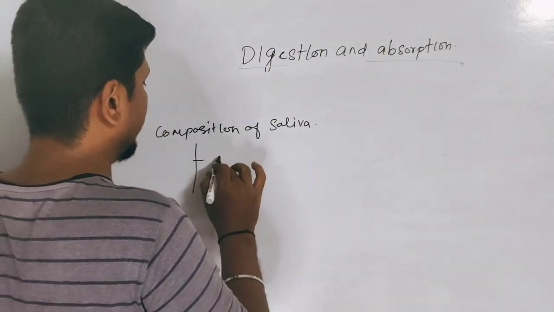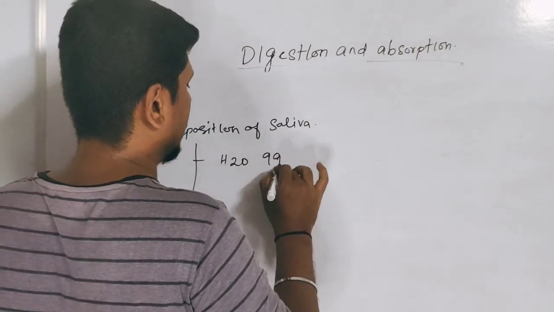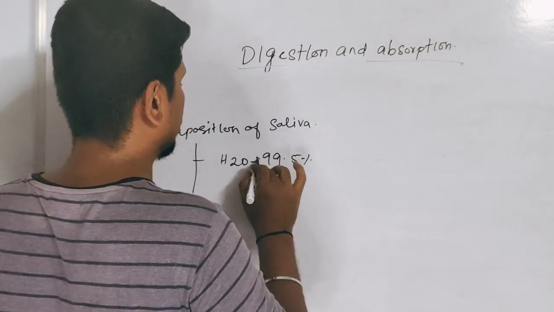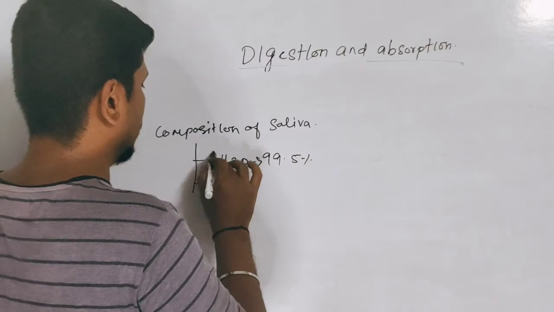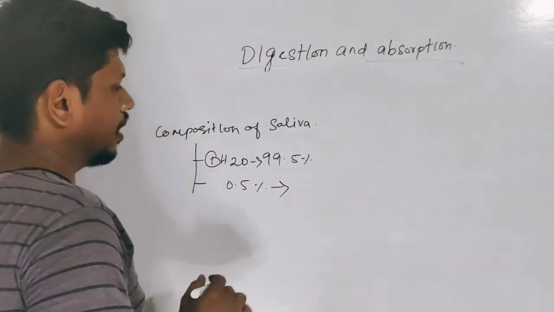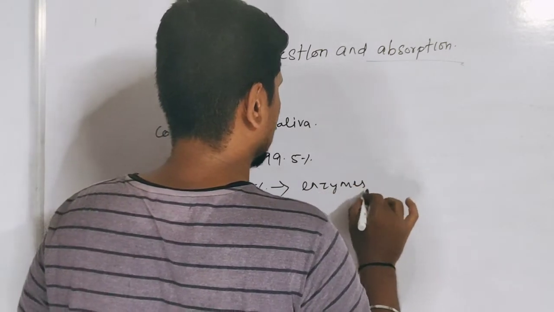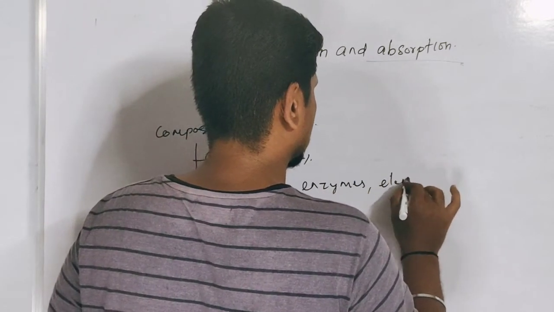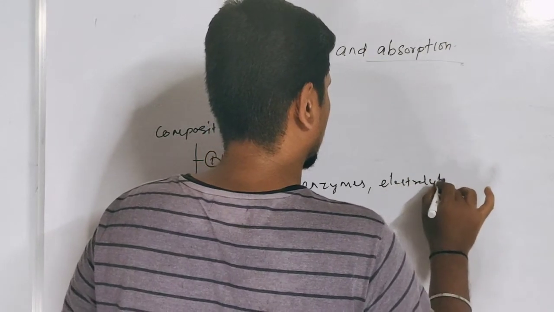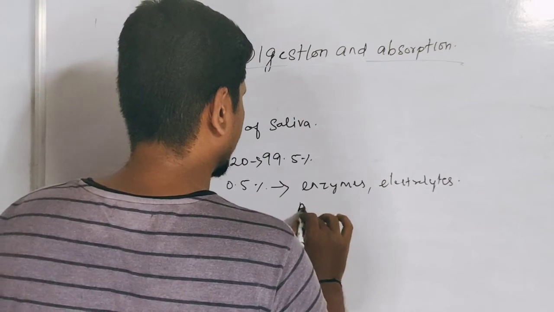It consists of a major part of water only, right? 99.5% it is made up of water, clear, and the remaining 0.5% is made up of enzymes, electrolytes, clear, and antimicrobial substances.